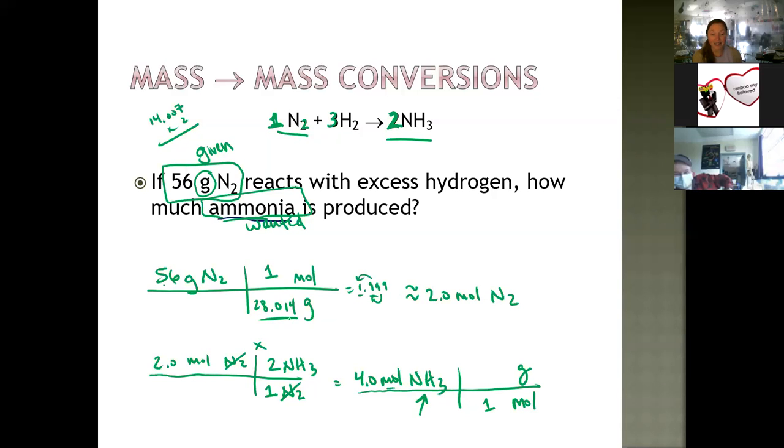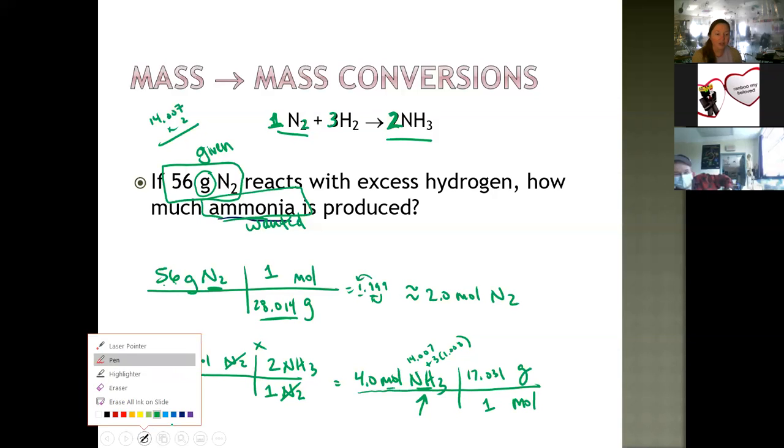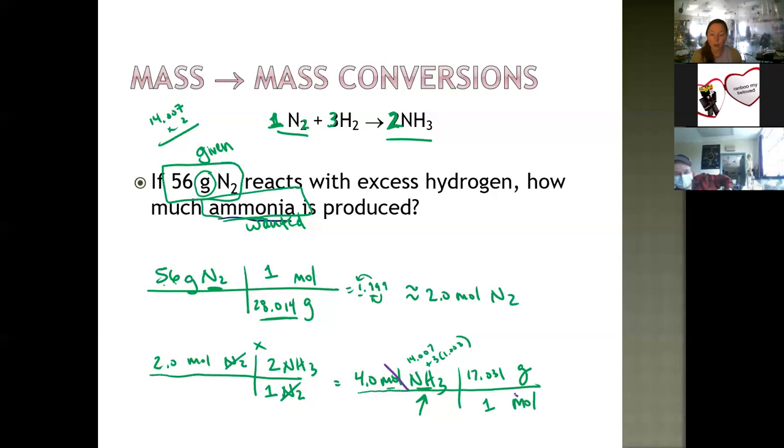So this was nitrogen, because I was talking about nitrogen. Here, now I'm talking about ammonia. So I'm going to have to do 14.007 plus 3 hydrogens, 3 times 1.008. 14.007 plus 3 times 1.008 gives us 17.031, 17.031 grams in 1 mole of ammonia. So now moles and moles cancel out.